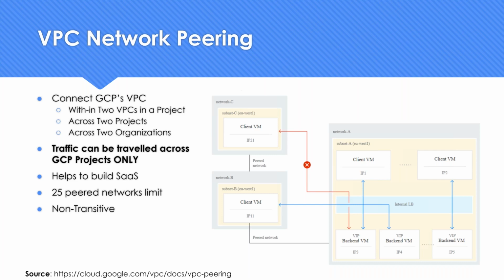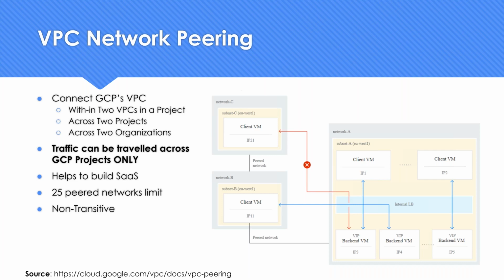Very simple. As long as it is a GCP VPC or GCP network, it is going to work. You need certain specific settings turned on, but it could be your VPC and my VPC, and I can peer them. The routes are updated.